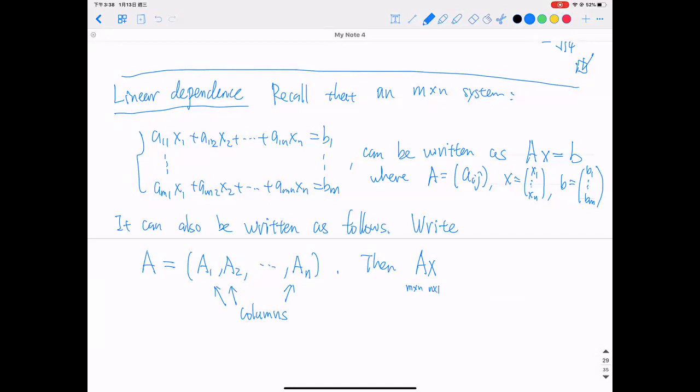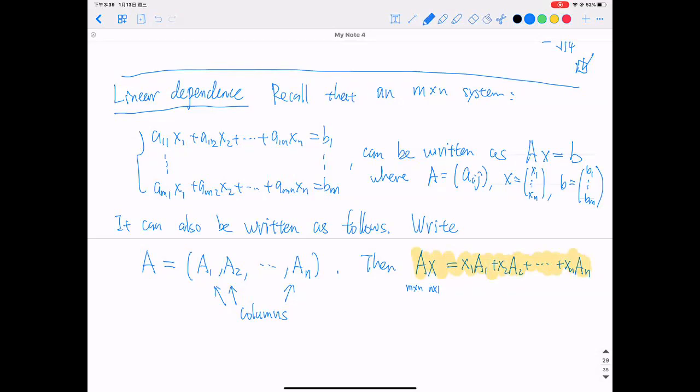This is written as a vector. An n by 1 matrix is an n-dimensional vector. And which vector this is, is the following. If you follow through the definition of matrix multiplication, you see that AX is actually equal to x1a1 plus x2a2 all the way up to xn an.